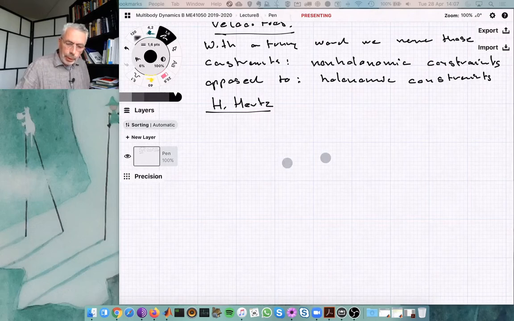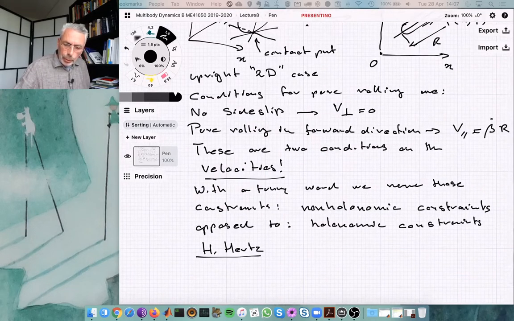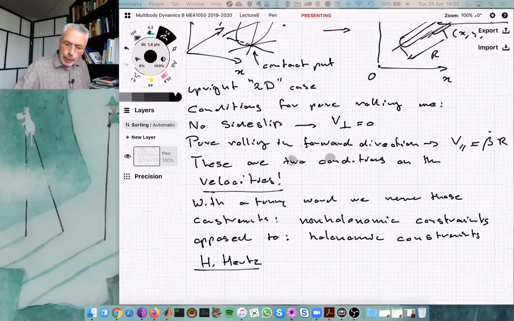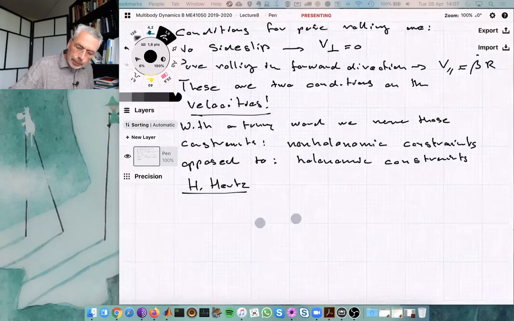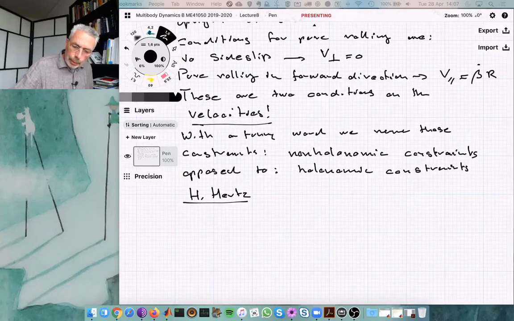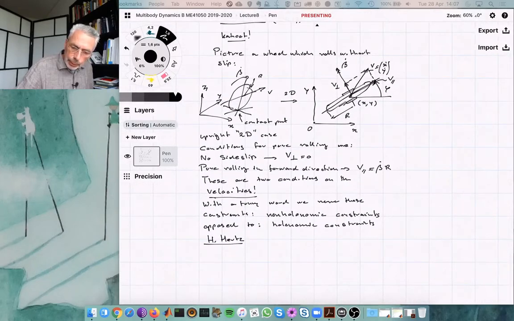Let's be specific. So we said we have these two side slip conditions, but we want to express those, of course, in our system, in our coordinates, right? So then we have to take a closer look again at the picture. So let me copy the picture again.